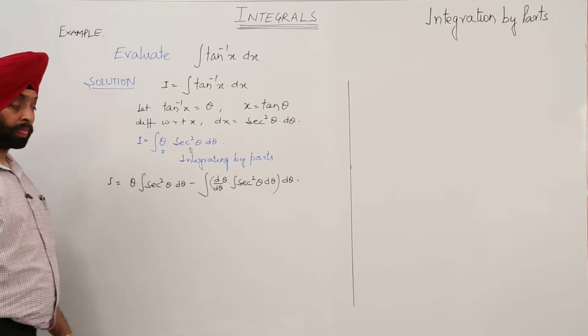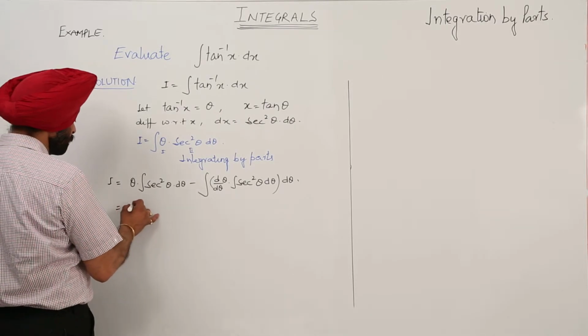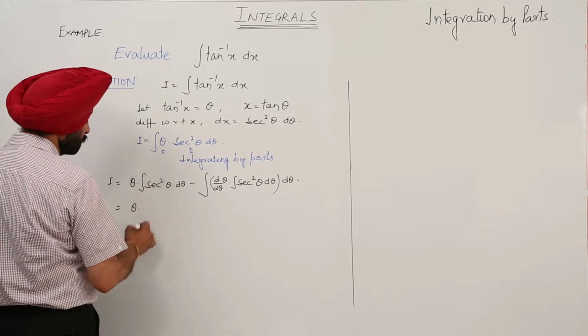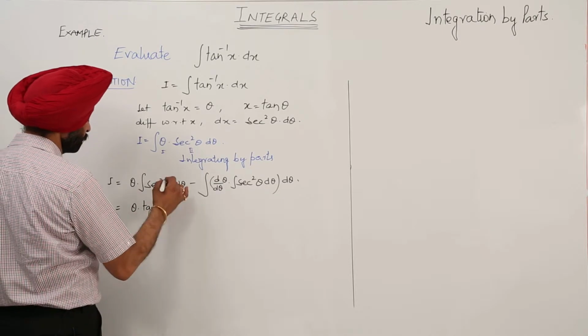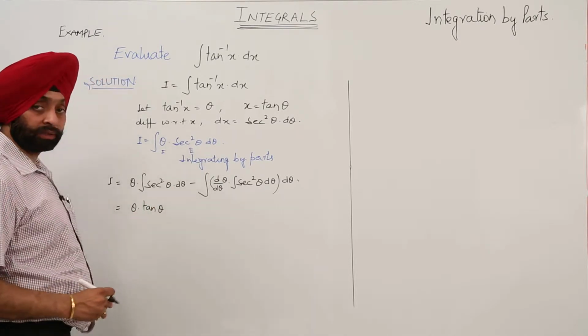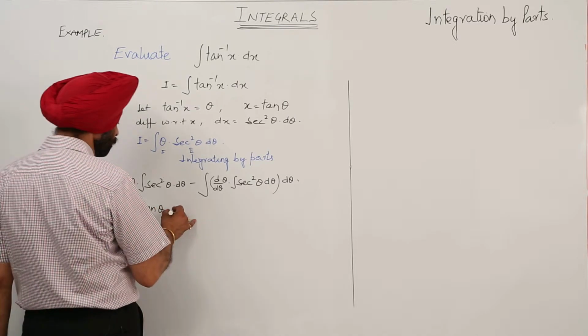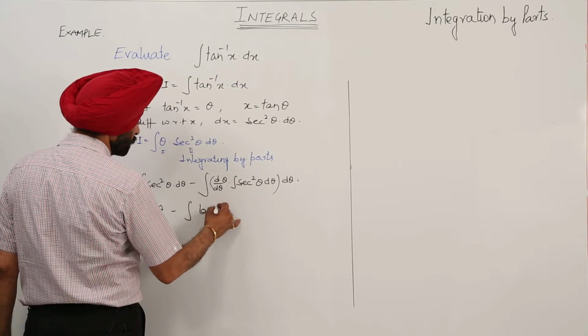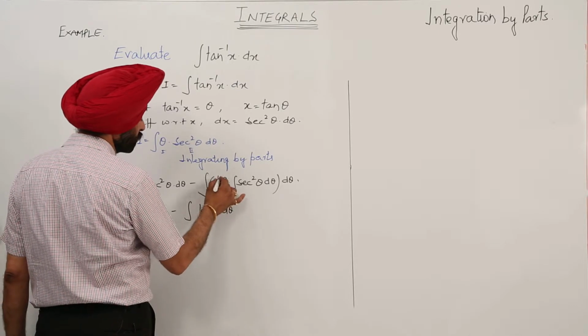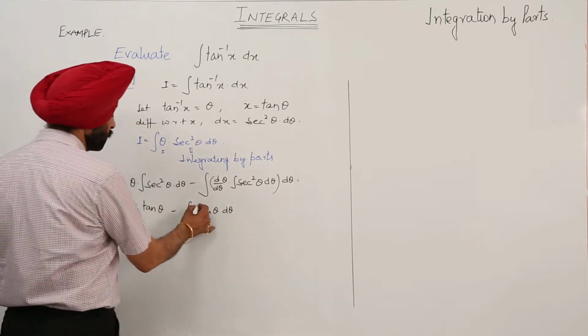Is it clear? Now this becomes theta with secant square theta, that is tan theta. Integration of secant square theta is tan theta, minus integration of tan theta d theta, because this becomes 1.